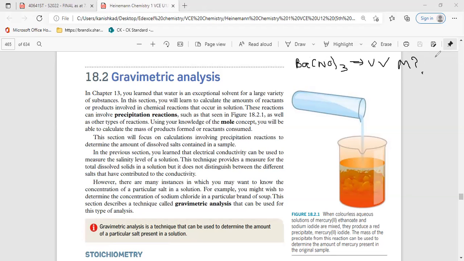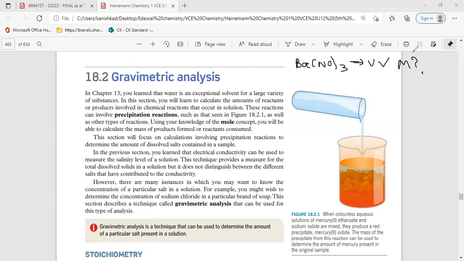You don't know its molarity. Now what can we do? We can use the precipitation method, or gravimetric analysis method, to find this unknown concentration of barium nitrate.